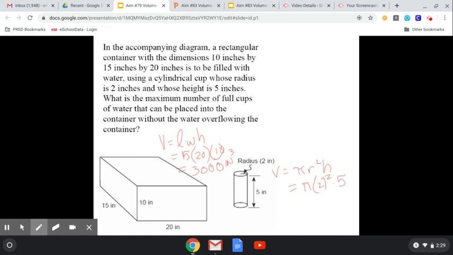I do not want to round this number, because if I round it, then the answer that I'm going to get is going to be off slightly. So instead of rounding it, I'm going to actually write out the whole thing. 50.2654824 even goes on further, but that would be plenty.